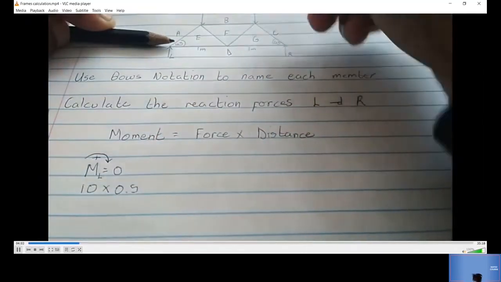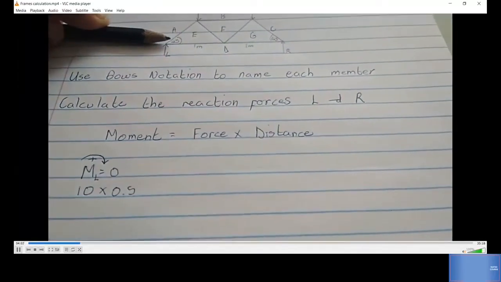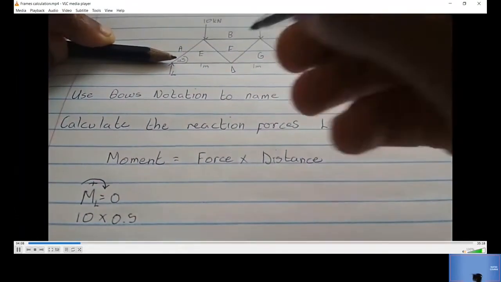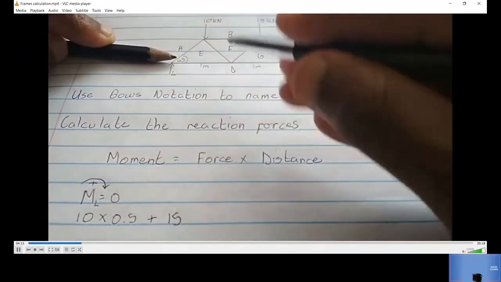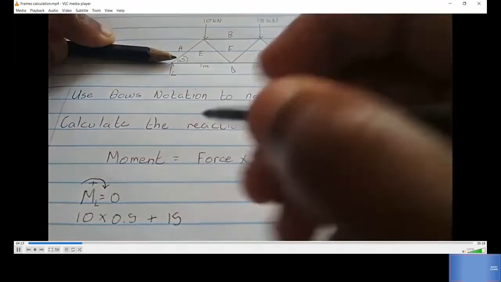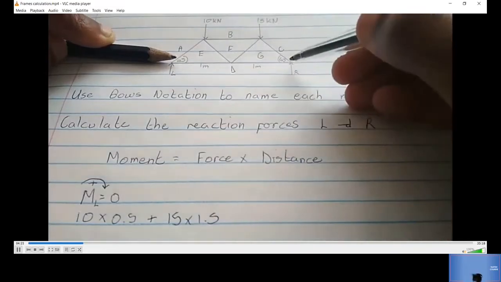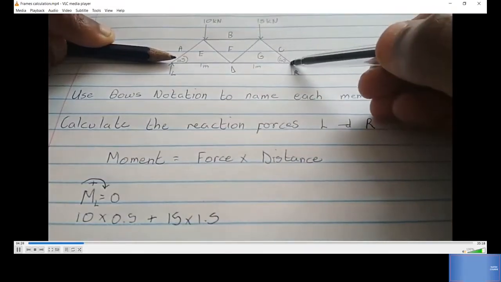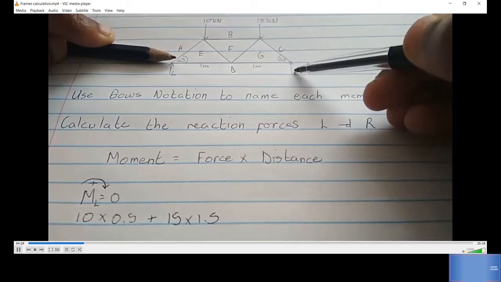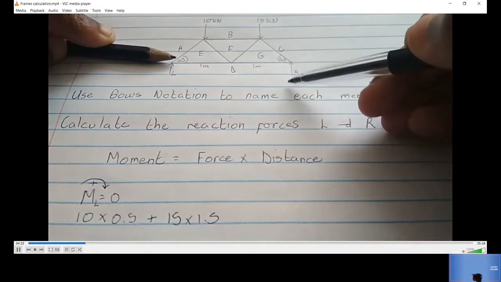The next one, it's also going in a clockwise direction. That one is 15. Okay, and it's at a distance of 1.5 meters. Now the next one is this R. Now you see the force R is going that way, so it's going to cause the frame to go in an anti-clockwise direction.